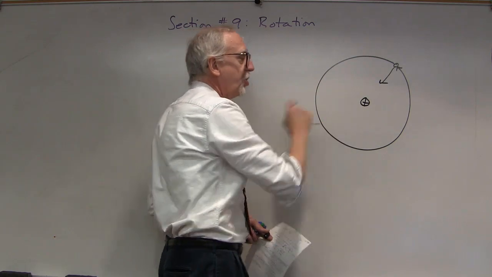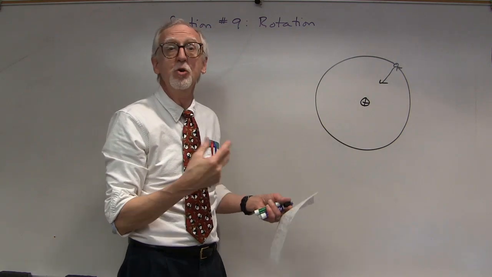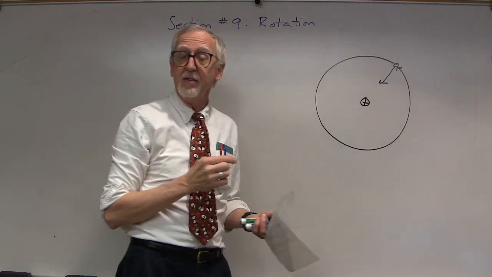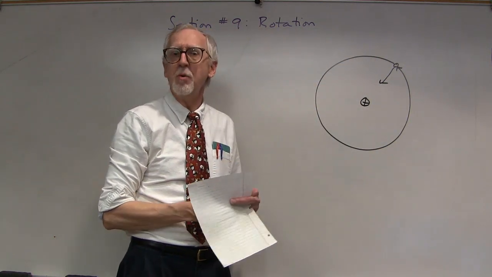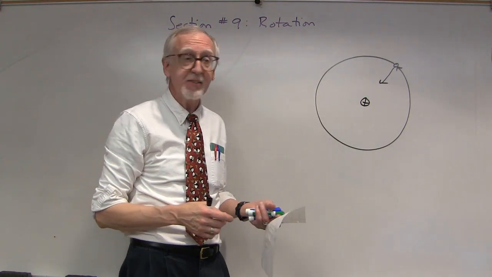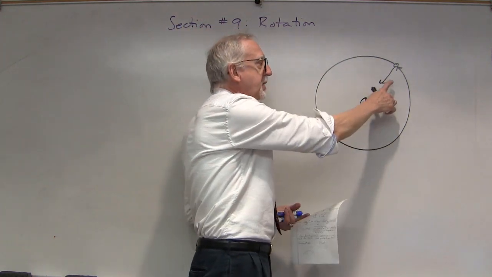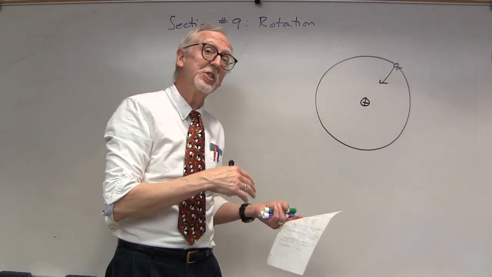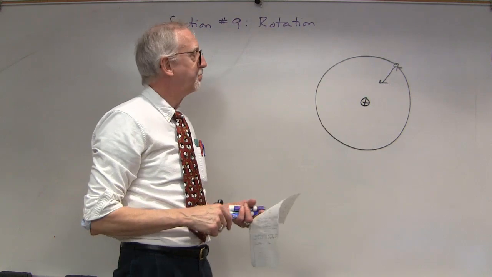But because the Earth is so much more massive, it's not going to move very much. It's not going to accelerate as much as the satellite. Remember, the accelerations will be inversely proportional to the masses, and if the Earth is much more massive than the satellite, it will accelerate much less than the satellite.